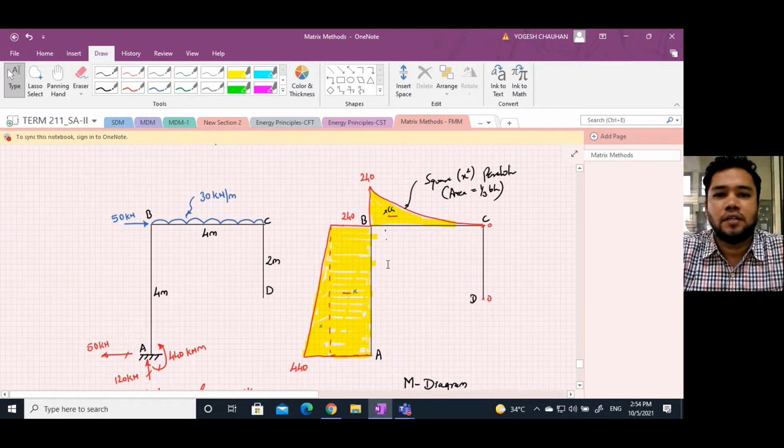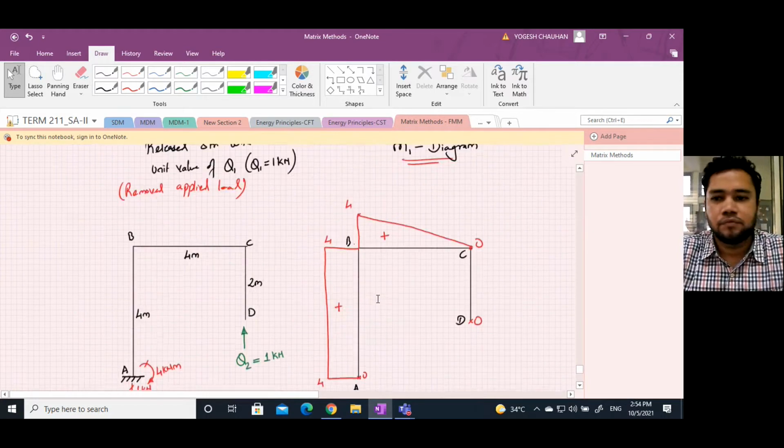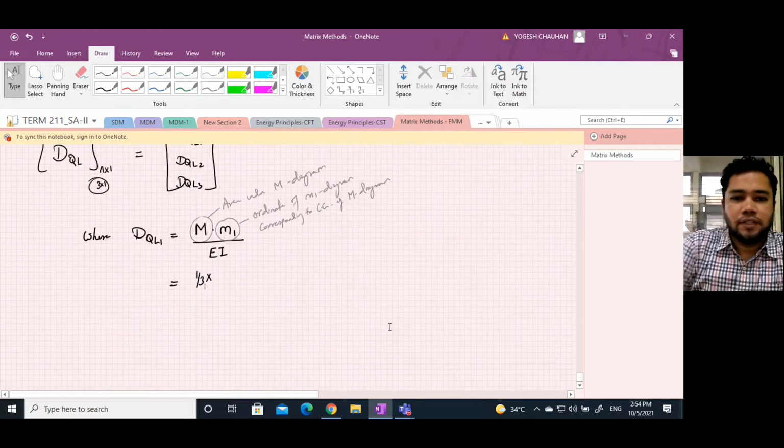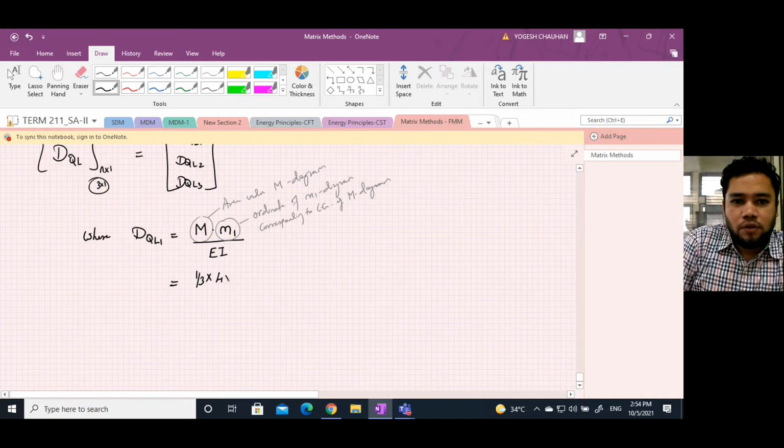So 1 by 3 into 4 into 240. That is the capital M value.